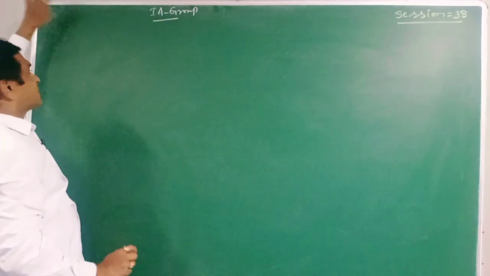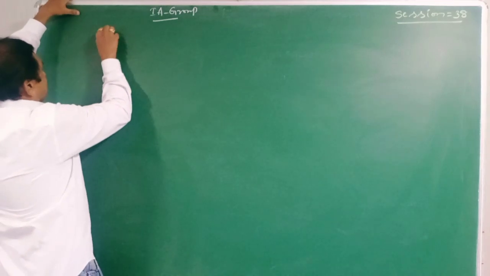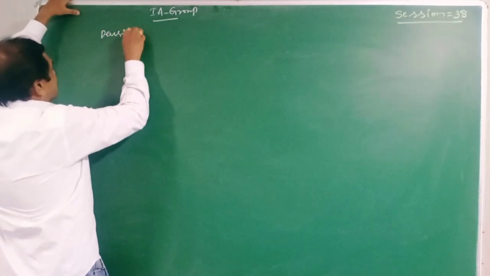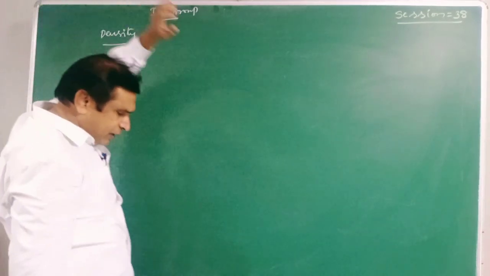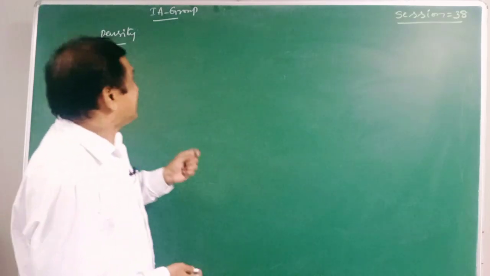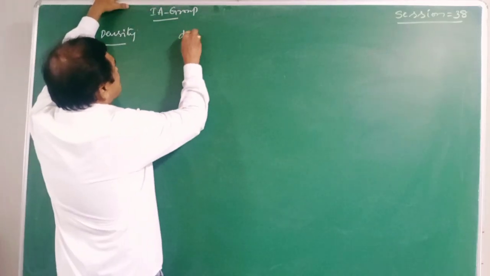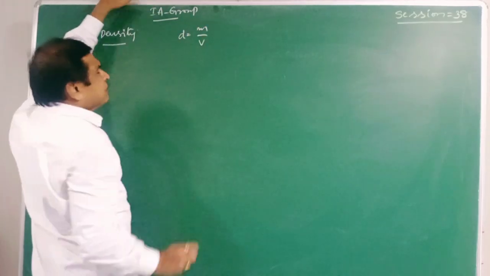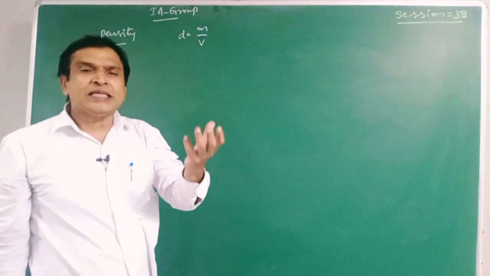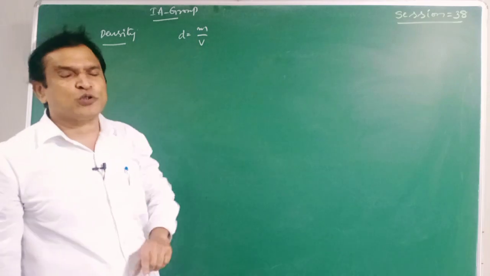That is, density of the elements. So what is the general concept? Density is equal to mass by volume. That means as atomic mass increases from top to bottom, density also increases, because they are directly proportional to each other.